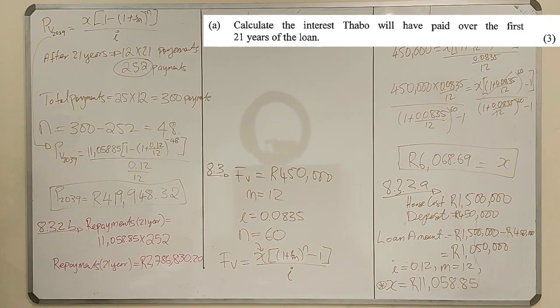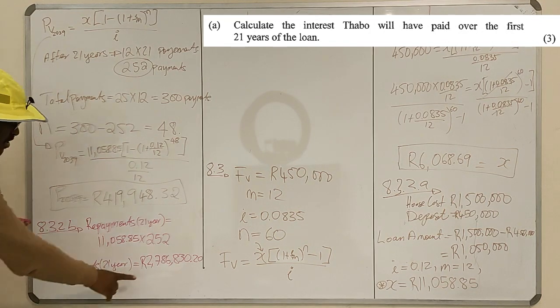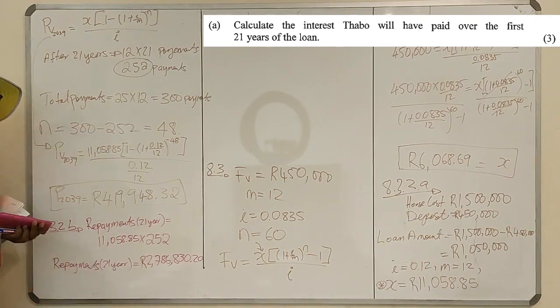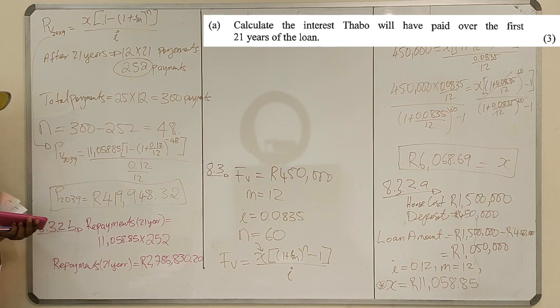So over the period of 21 years, this is the amount that he has paid into the account. He paid the bank 2.7 million, right?